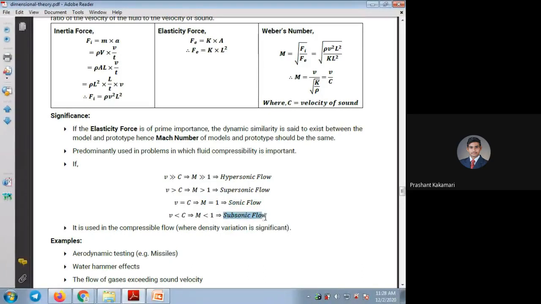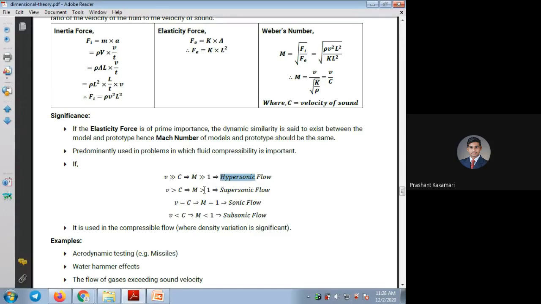Here we are talking about flow, meaning we are assuming the fluid is flowing, air is flowing, and the body is stagnant. If the body is moving and the fluid is stagnant, then we can call it a supersonic type of body.